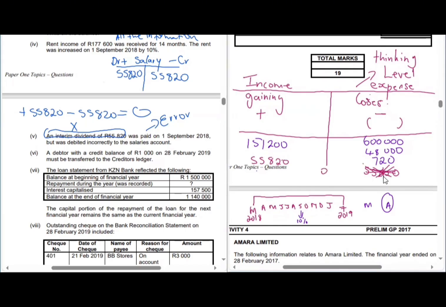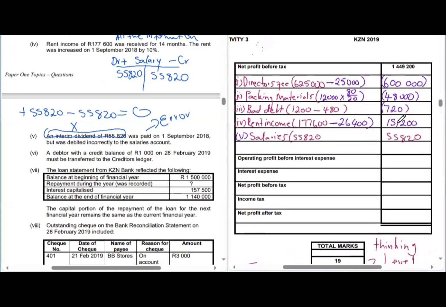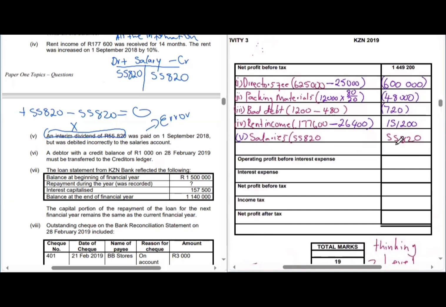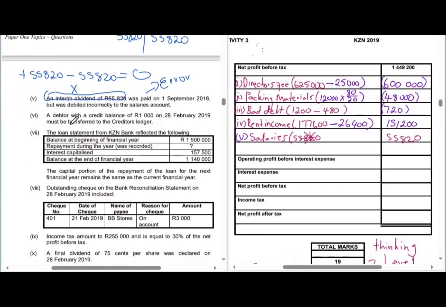So the only thing that we did was take our 55,820 and record it under incomes. So smooth and simple. And then this one becomes null, because now we have recorded it as incomes. So our incomes will cancel that negative, and at the end we are left with 0 under salaries. That's it. And then guys, let's go to the next transaction.